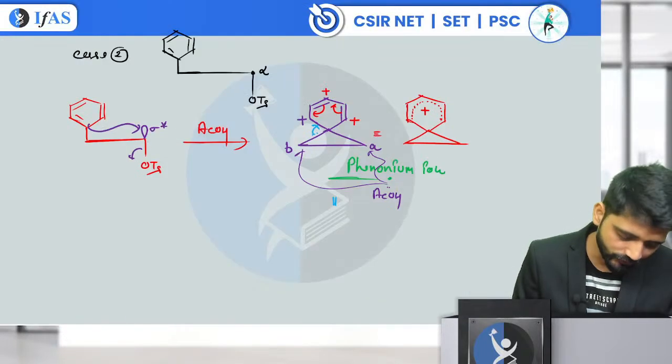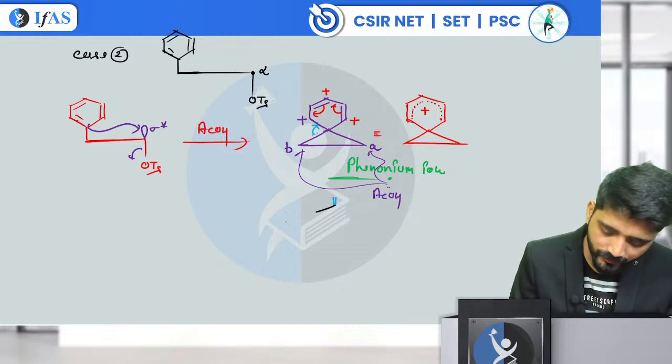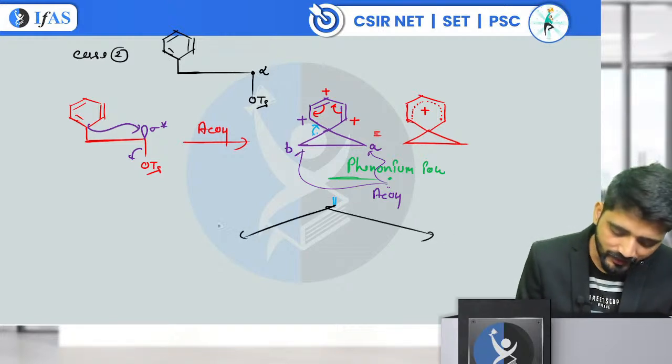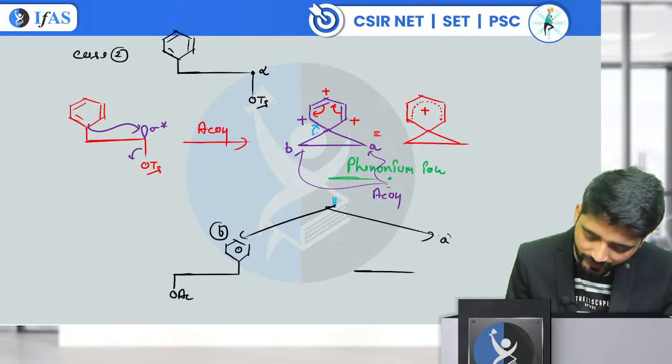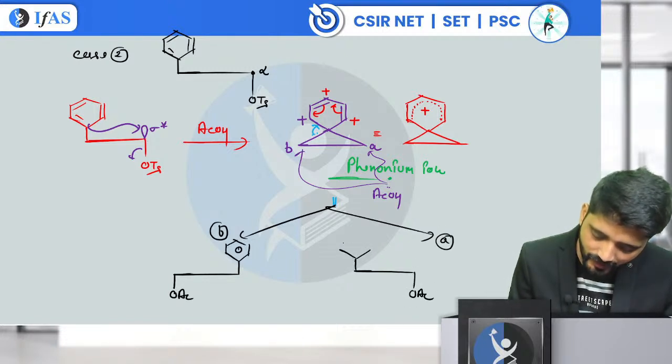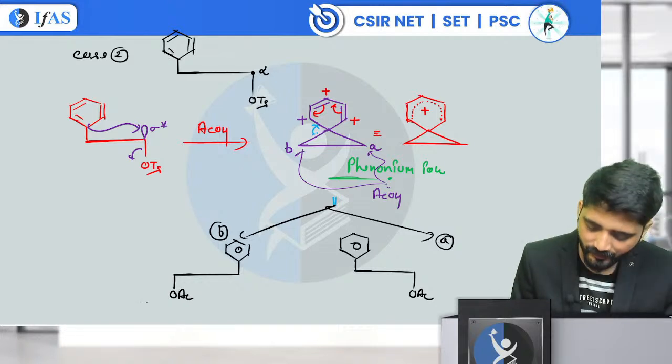Let's draw both the products which we will be getting. When we attack at the B center, the product will be an OAc group present here and a phenyl ring present at this center. And in the second scenario, when I attack on the A center, our OAc group will be present here and the phenyl ring will be present here.